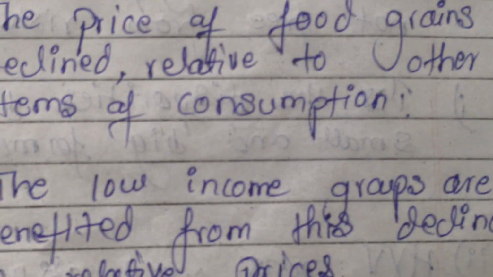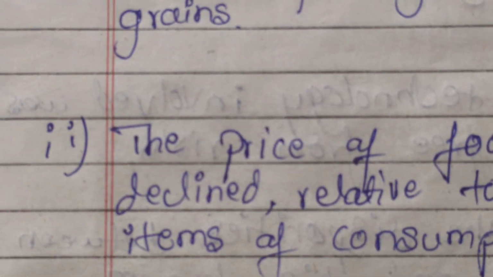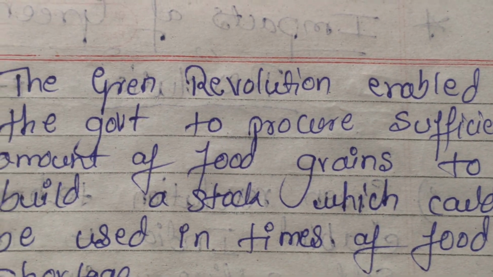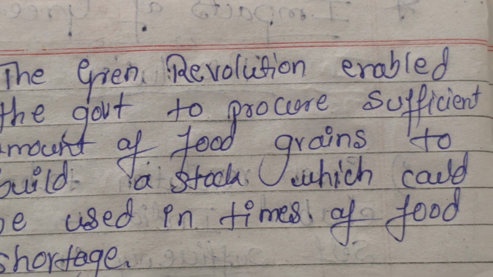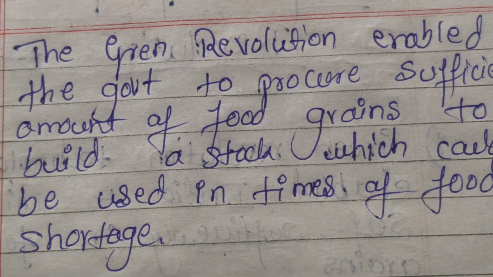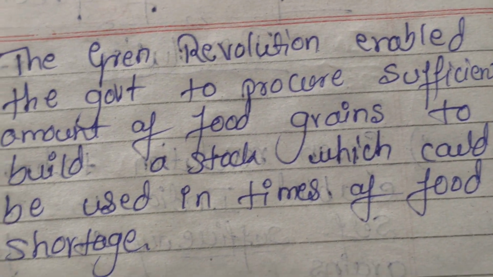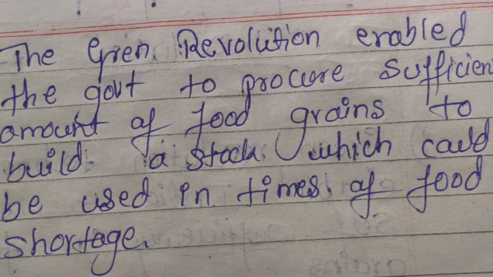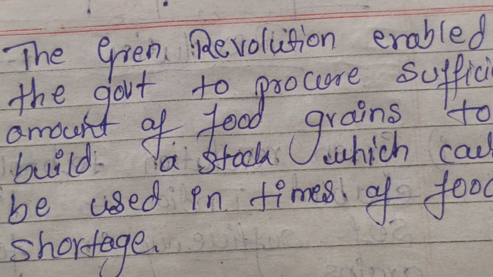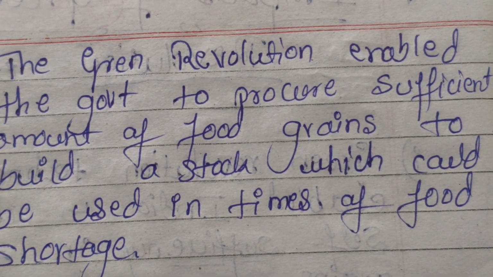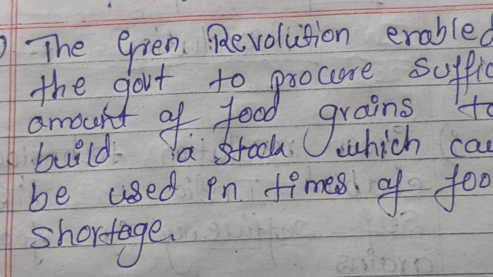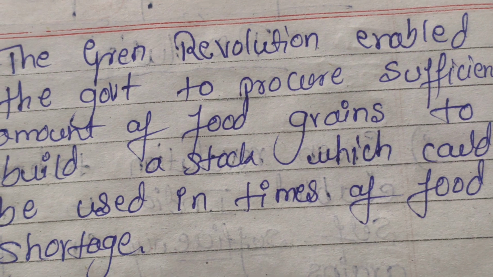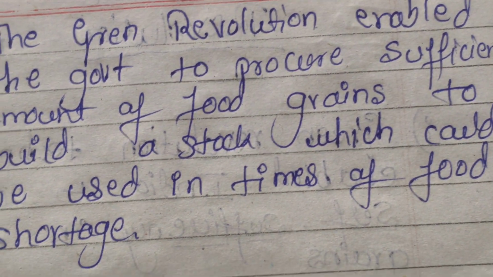Next, one more important positive. The green revolution enabled the government to procure sufficient amounts of food grains to stock in warehouses, which could be used in times of food shortage.